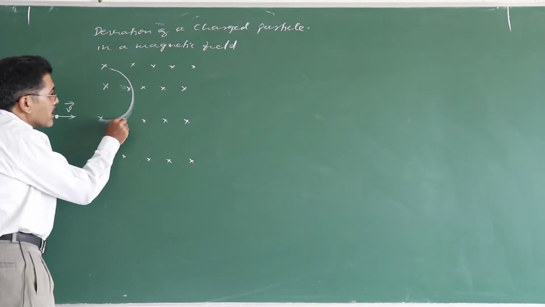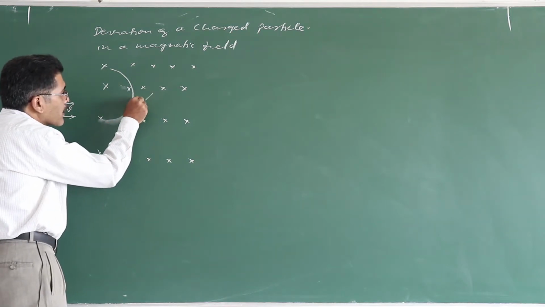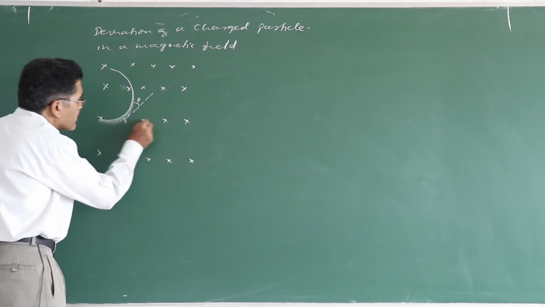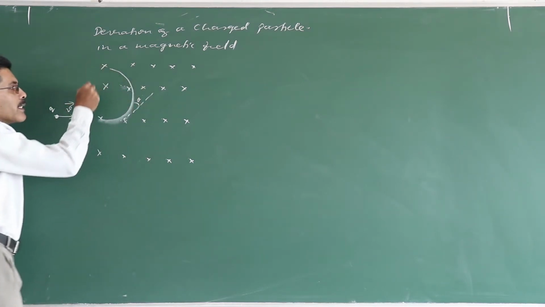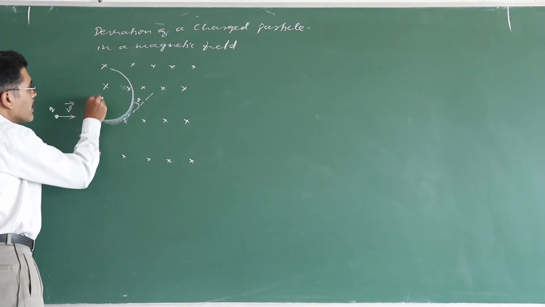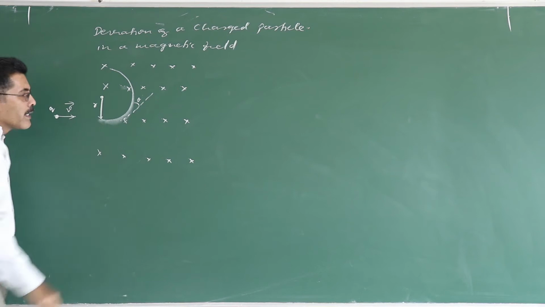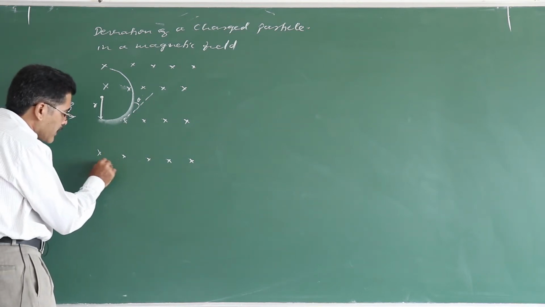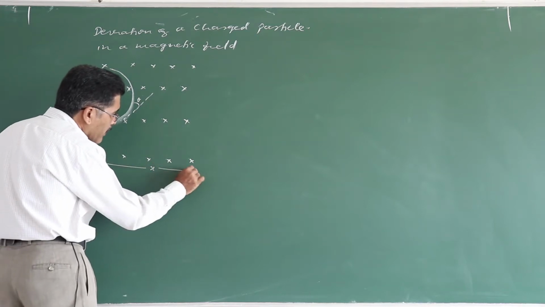See, this is the deviation of the charged particle. If I take this angle as theta, say the actual path is this one. Because of that it got deviated. Let R be the radius of the circular path, and x the length of the magnetic field.